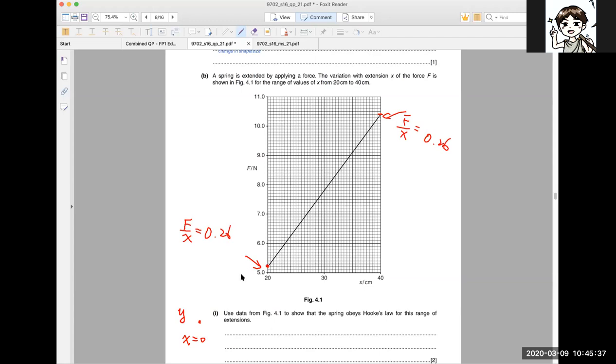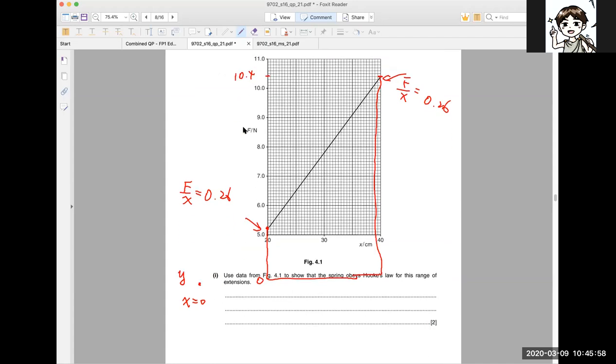So keep it in mind, the graph is not starting from 0. So that means it's not just the area of the graph, you need to start from 0. So what's the point here? 10.4. Is it 10.4?